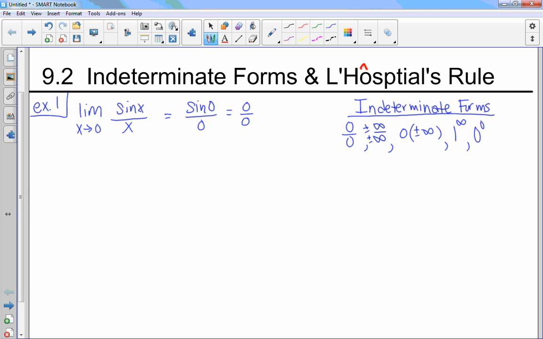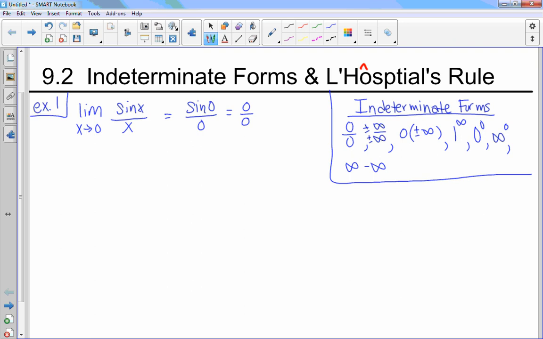0 to the 0 power. We will say any number to the 0 power except 0 itself is 1. But 0 to the 0 power, indeterminate form. Infinity to the 0 power, and infinity minus infinity.